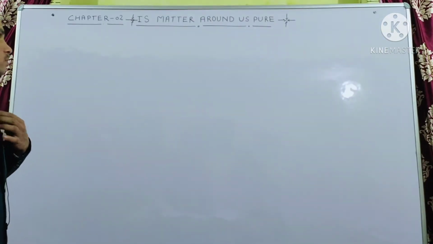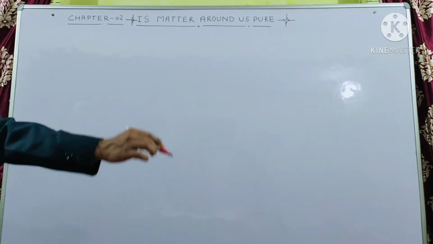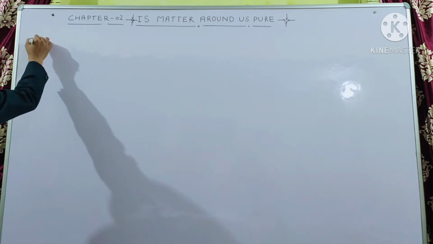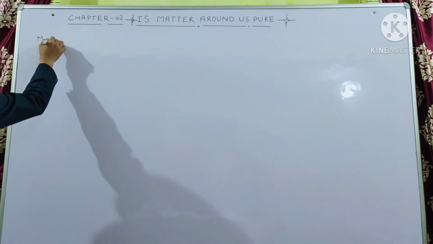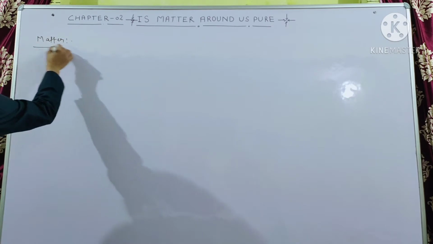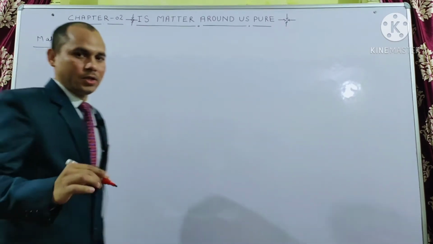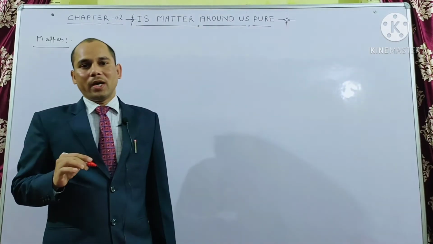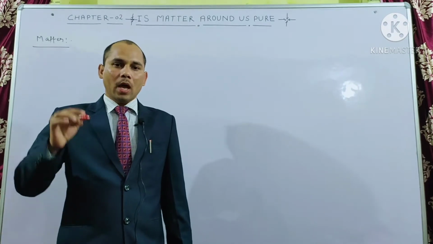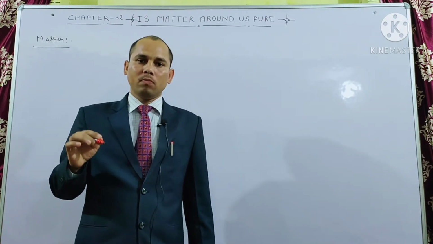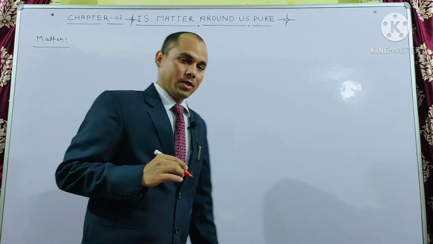Okay, so first of all, matter. I think all of you know about matter, right? Matter, that is anything which occupies space, having mass and volume, is called matter, right?